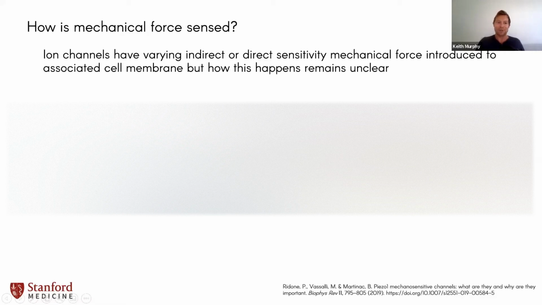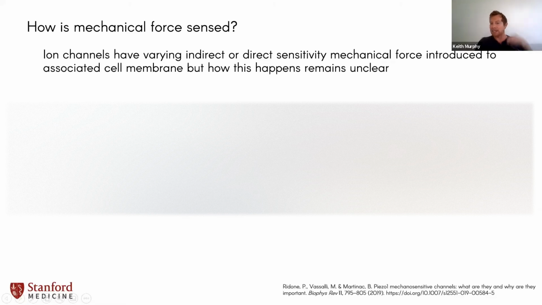And if you have a pulling force in this direction on these channels, the channel will actually open up and allow an ion to flow across. And then there's another way of thinking: what if this membrane actually bends? Does that create an opening on one side and then allow the ions to flow across? So this is the bending force model.